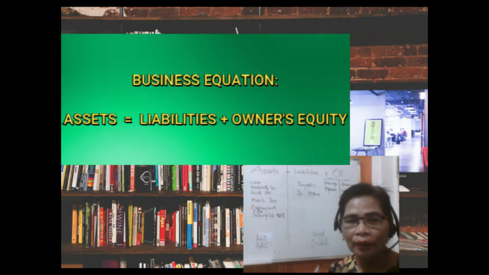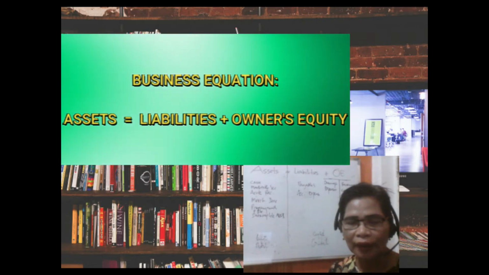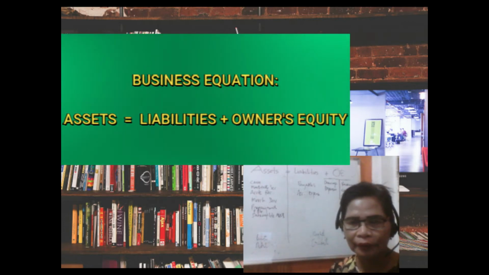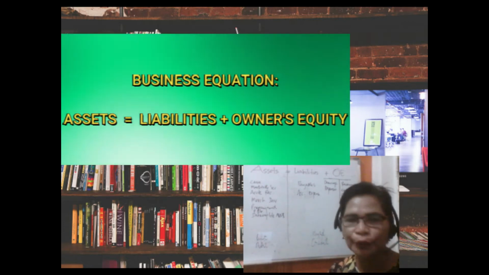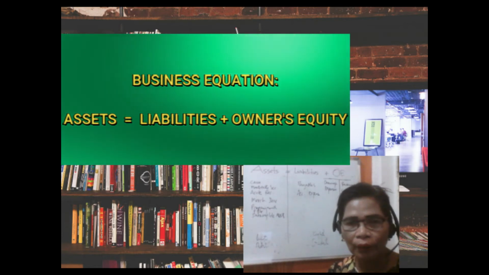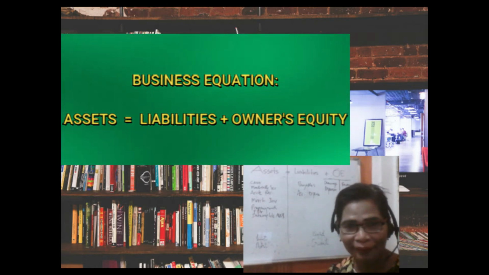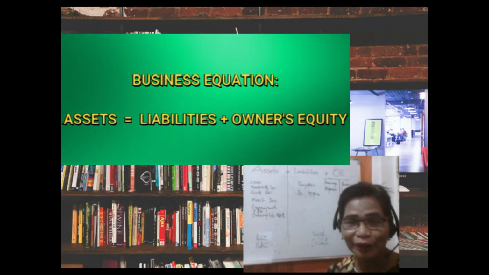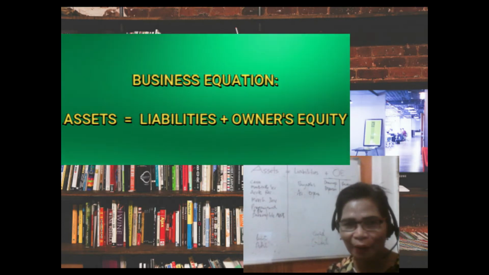At the end of the period, whatever economic events the business encounters during the period, the business equation will always remain equal. If it is not equal at the end of the period, you have to go back and check what made it unequal. So that is accounting.